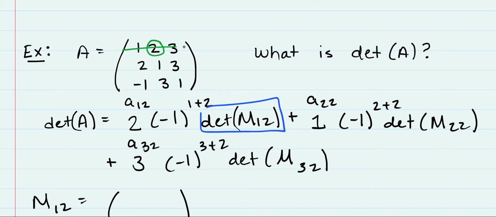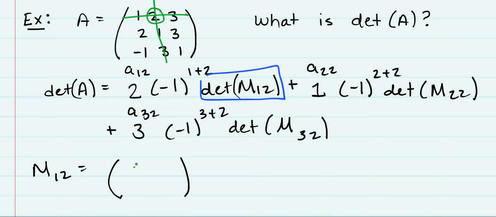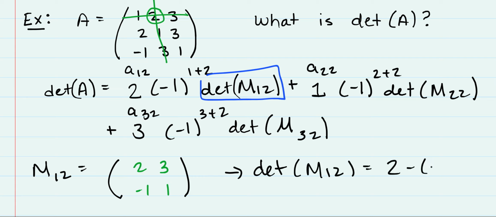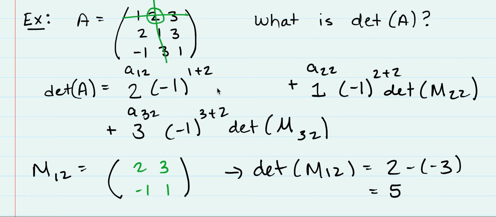We cross out this row, this column, and we're left with 2, 3, negative 1, 1. So the determinant of M12 is 2 minus a negative 3, which is 5. So we can erase this and put 5.